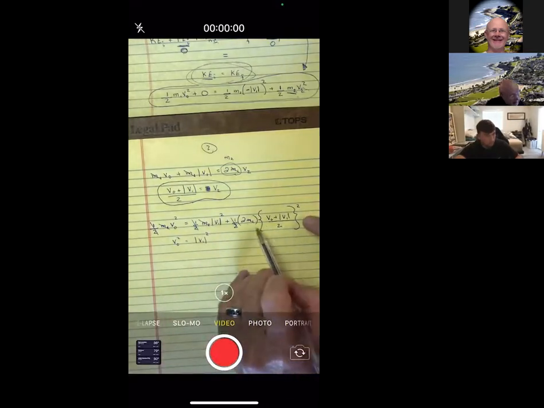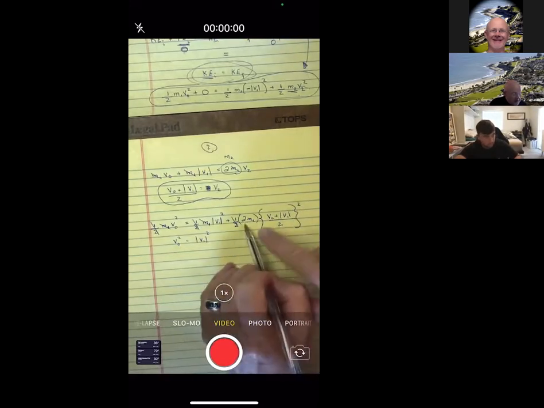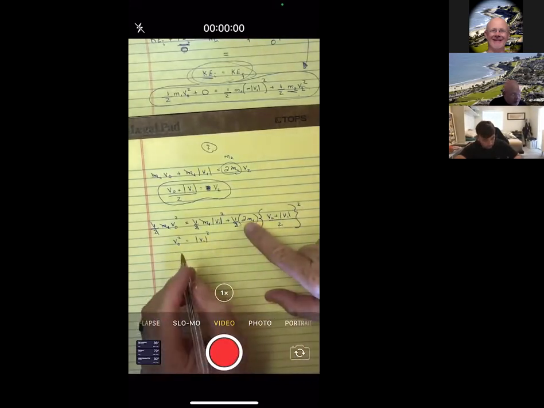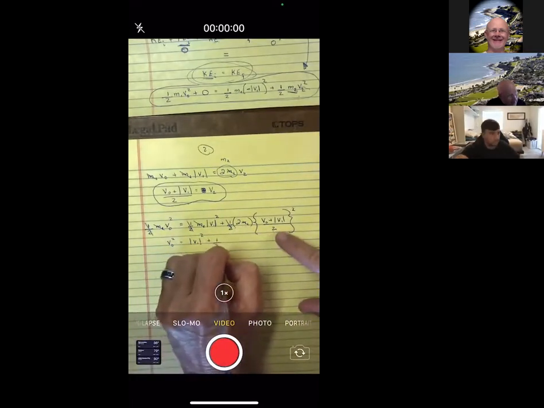Now let's take a look at this. It looks like this 2 downstairs when it's squared is a 4, and then it has that 2 in front of it. So I'm going to write those together as 1/2.